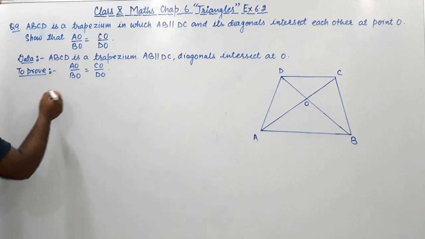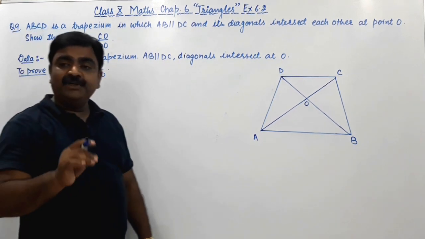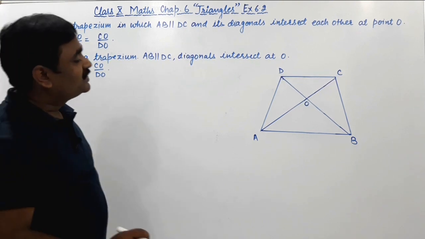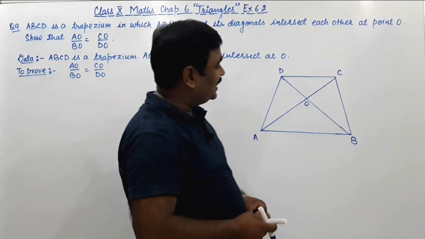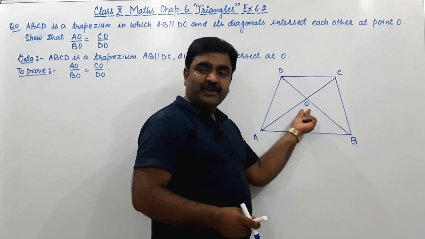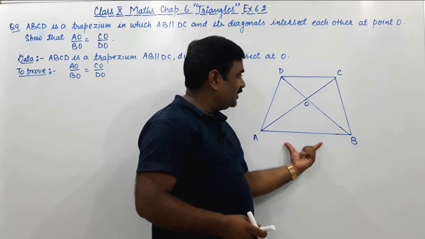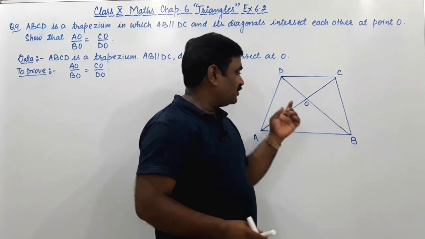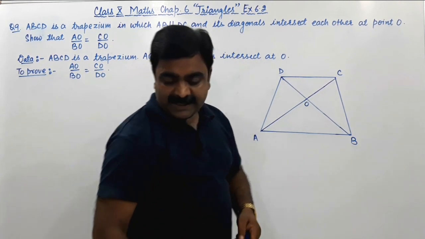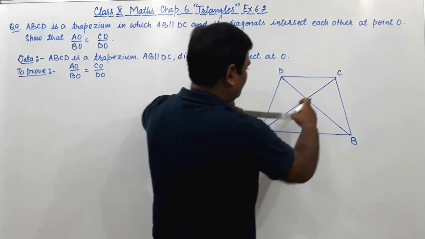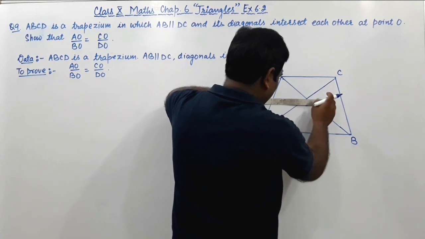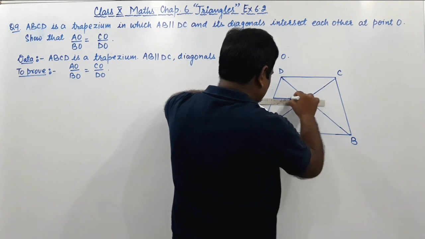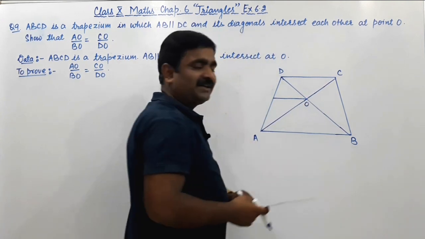So let us see. To prove this we need to do some construction. और construction क्या करना है? You have to draw a line passing through this point O parallel to AB and DC. Since AB is already parallel to DC, अब यहाँ से एक line draw करेंगे from the point O. If this line is parallel to AB, ये line हमने construct किया.